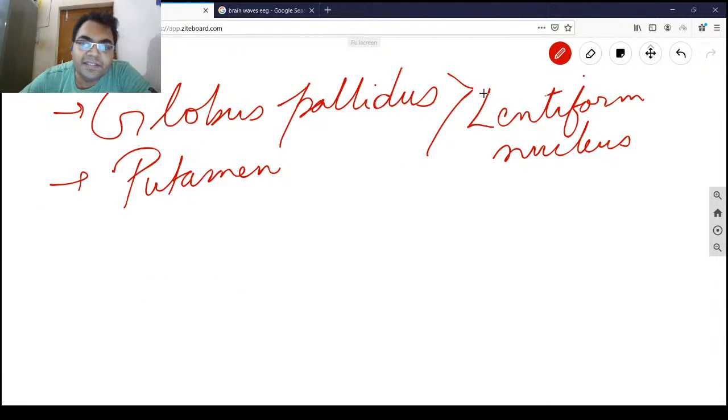Then next up is the next nucleus in line. After the lentiform nucleus, the third of the basal nuclei is the caudate nucleus. These two are one and two, and the third one is the caudate nucleus.